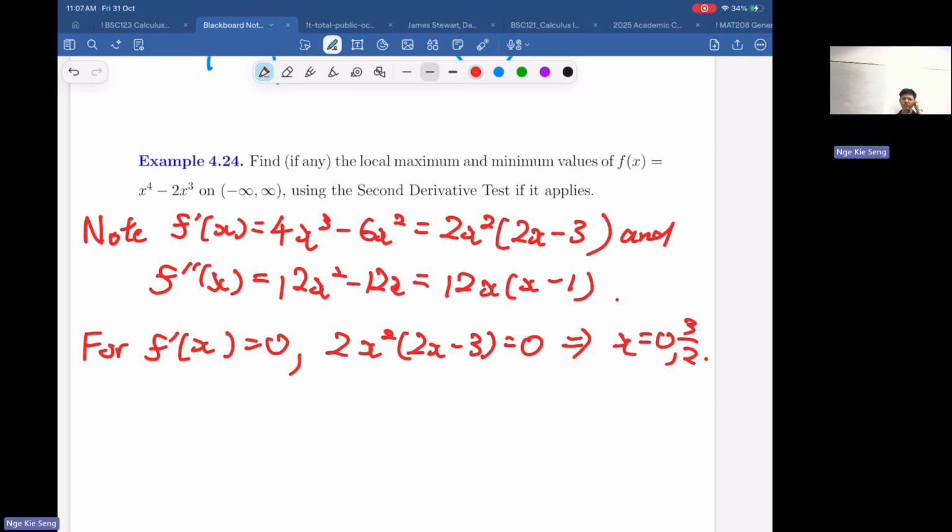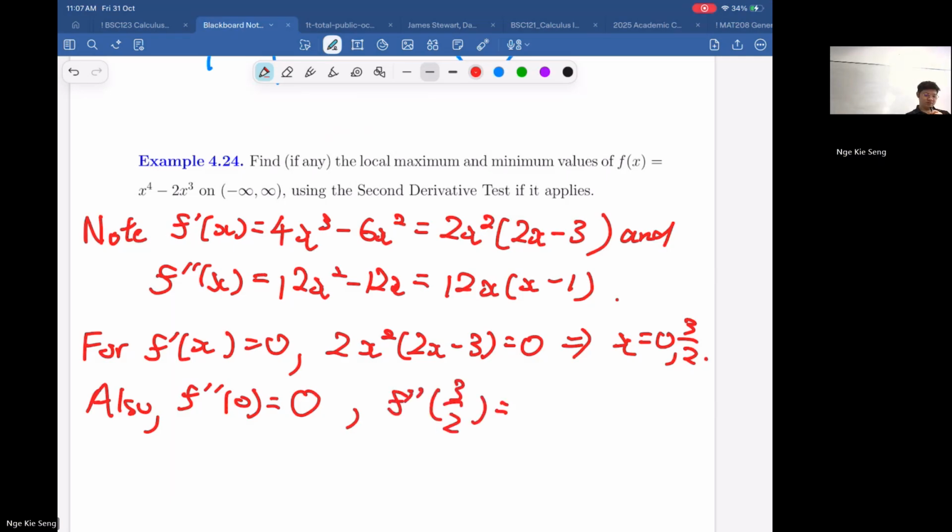And what do you do next? For the second derivative test, you just need to evaluate at these points. So what is f''(0)? It's just 0. And f''(3/2) equals 9, we'll quickly compute it.